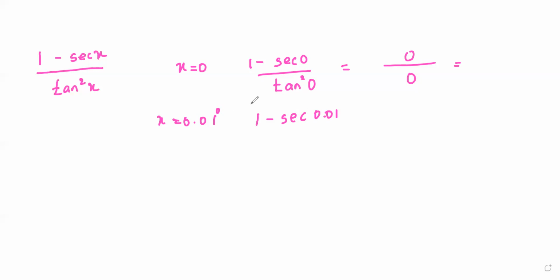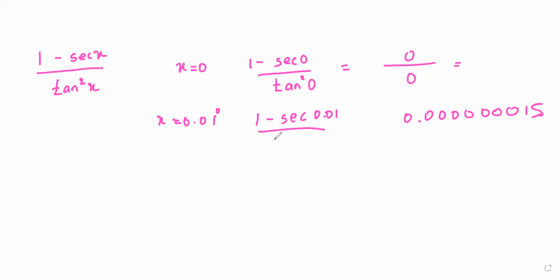So I'm getting the answer of 0.00000015. I hope I'm correct. 0, 0, 1, 2, 3, 4, 5, 6, 7. Yes, there are 7 zeros and 1 5.